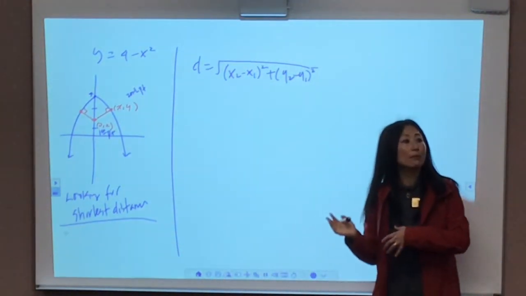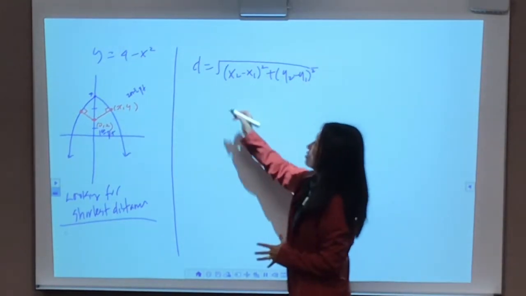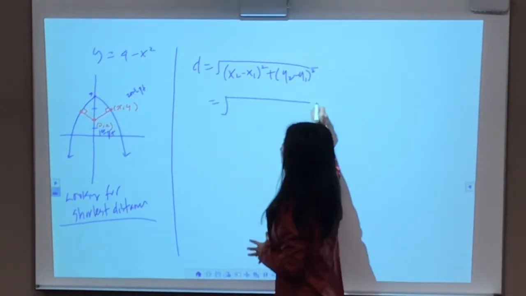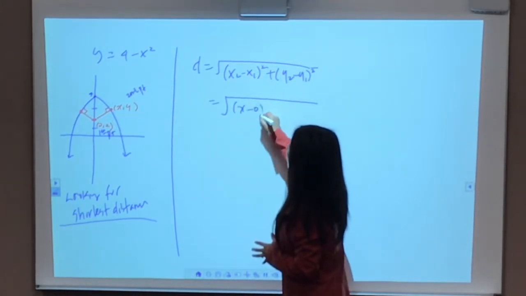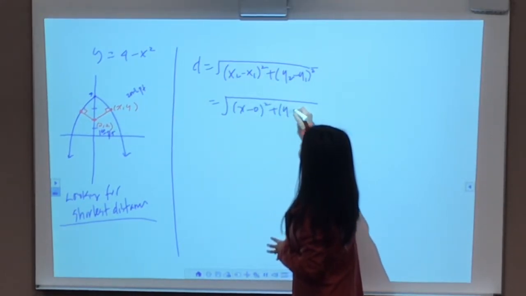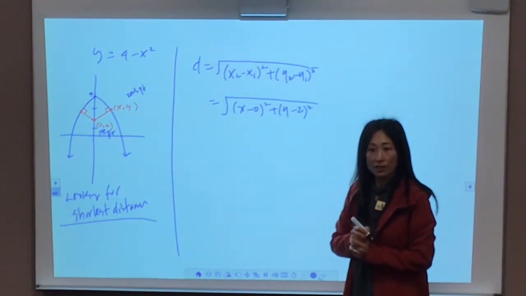I'm doing the same thing over one more time so you guys can see what's going on, all right? So you're gonna say, okay, this means x minus 0 squared plus what? y minus 2 squared. So far so good, is everybody following me?